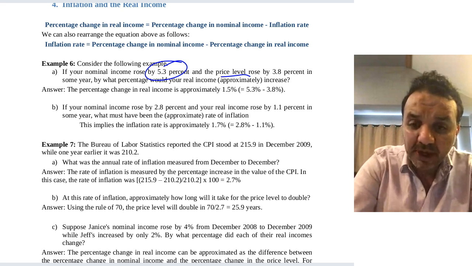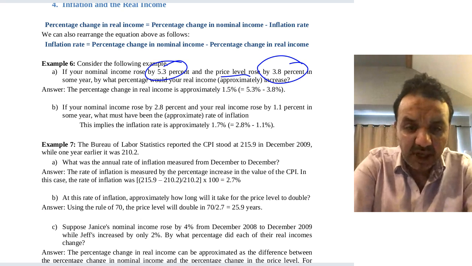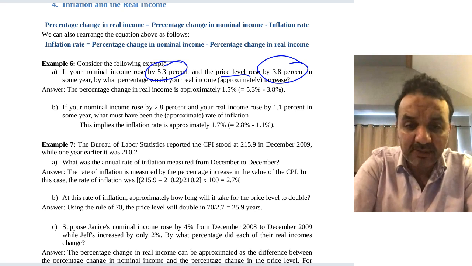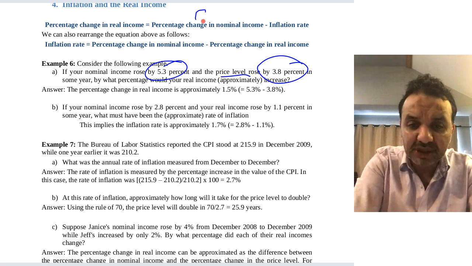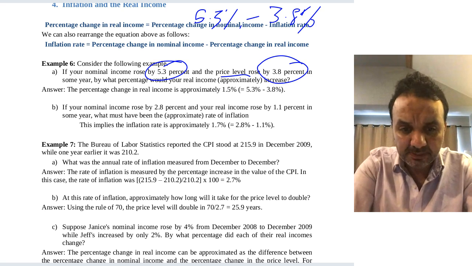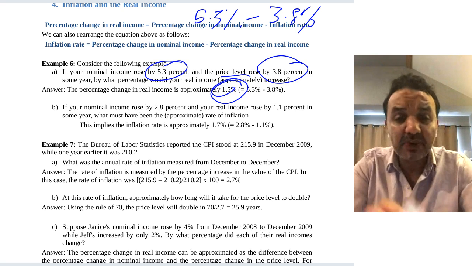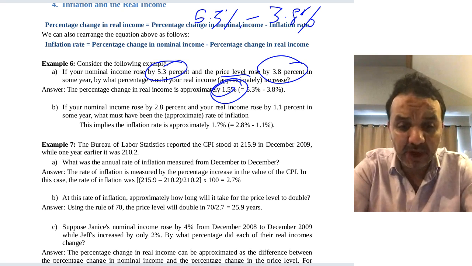By what percentage was your real income raised? Just plug in the numbers. Nominal income is 5.3%. Inflation is 3.8%. So 5.3 minus 3.8, you will get 1.5%. So your real income will increase only by 1.5%.